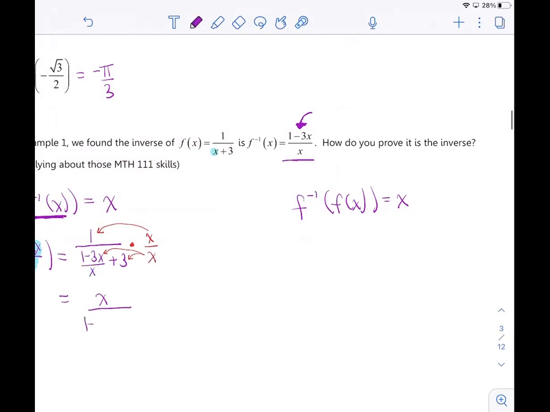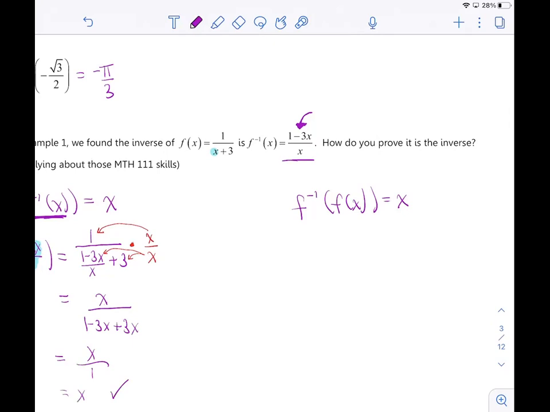So lucky for us, we're left with just 1 minus 3x. And then here, when you distribute x to 3, we get 3x. And this is starting to look good. Now I got x over 1 minus 3x plus 3x. Well, that's just 1, and it equals x.